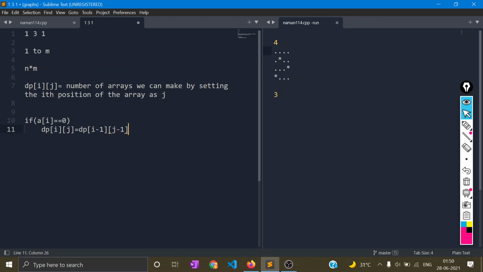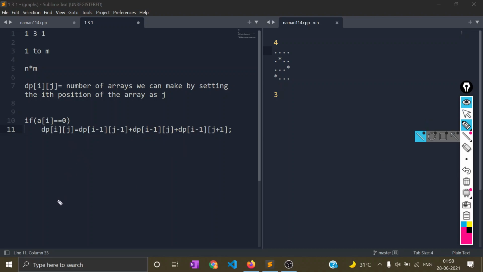If I am thinking of putting some j in here, then our number of arrays would be dominated by dp[i minus 1][j minus 1], dp[i minus 1][j], and dp[i minus 1][j plus 1].